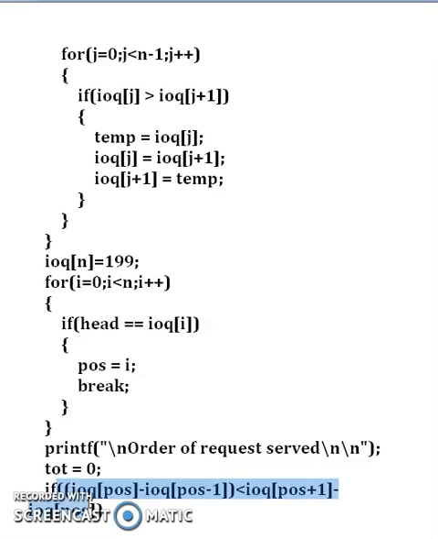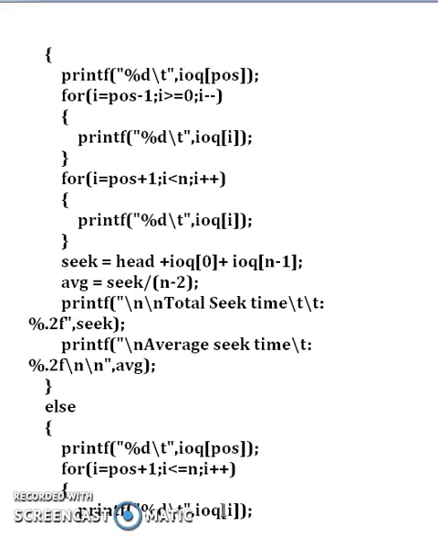To check the least difference, this equation will be used: the IO request at position minus the IO request at position minus 1 is compared with the IO request at position plus 1 minus the one at position. If the value is less, it can move to the decreasing order of addresses.